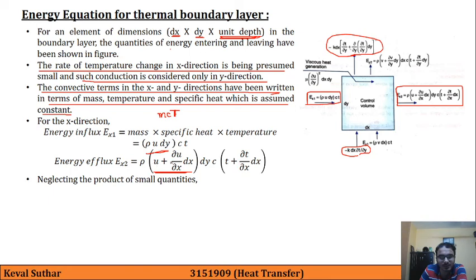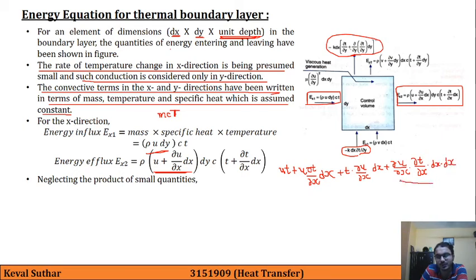Let us first multiply these two brackets, then we will get u T plus u del T over del x into dx plus T into del u over del x into dx plus del u over del x into del T over del x into dx into dx.